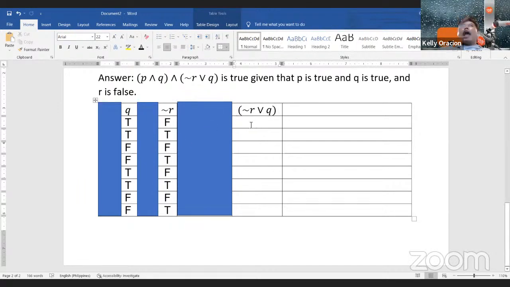So, anyone, what is the truth table of a disjunction? When does a disjunction become false? Okay, very good. At least you have the idea already. A disjunction is false if and only if both variables are false.